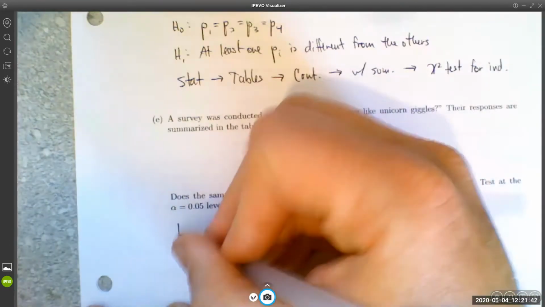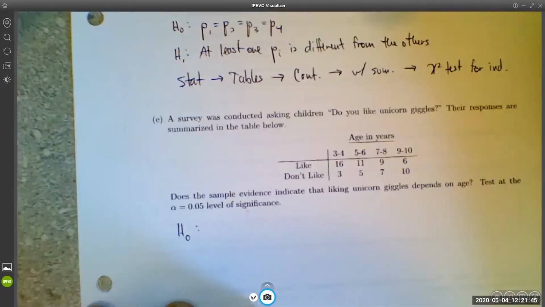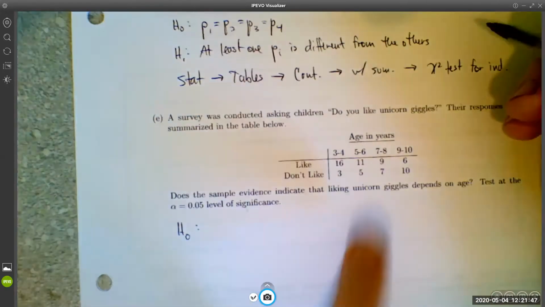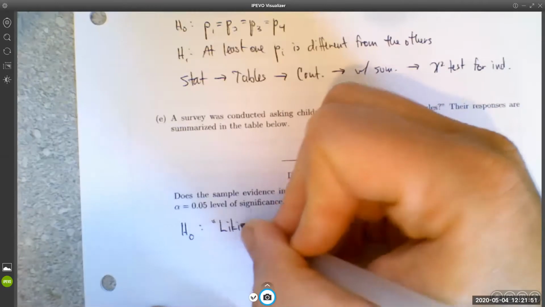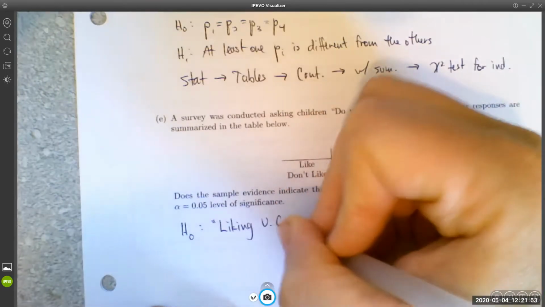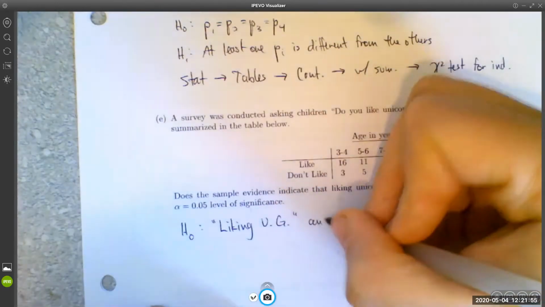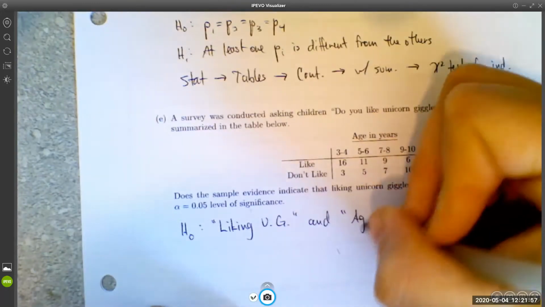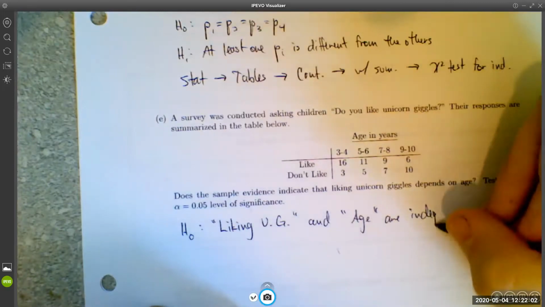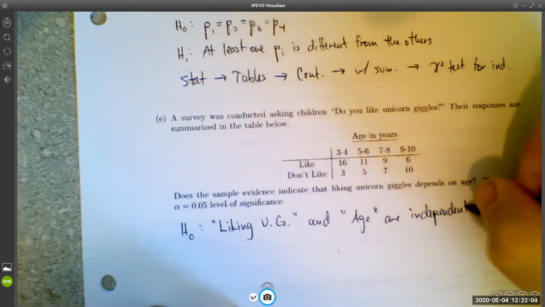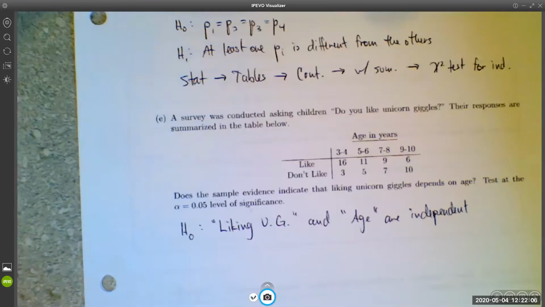The null hypothesis here is going to be that liking unicorn giggles and age are independent. In other words, your age does not affect whether or not you like unicorn giggles, okay?